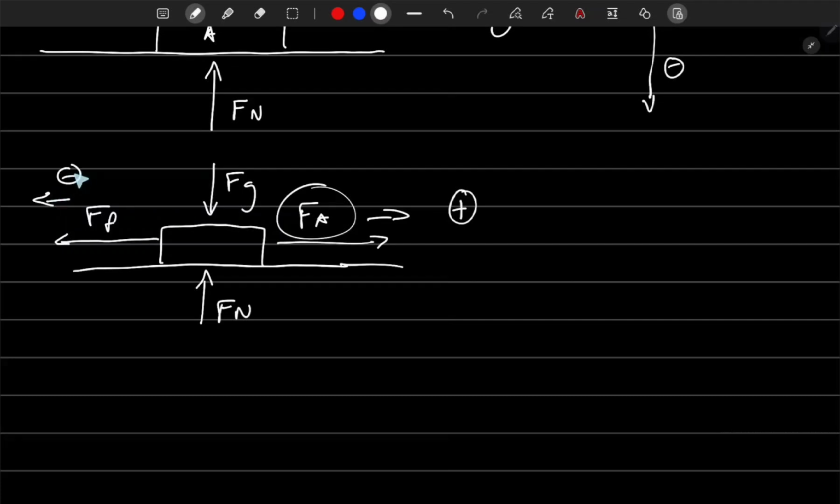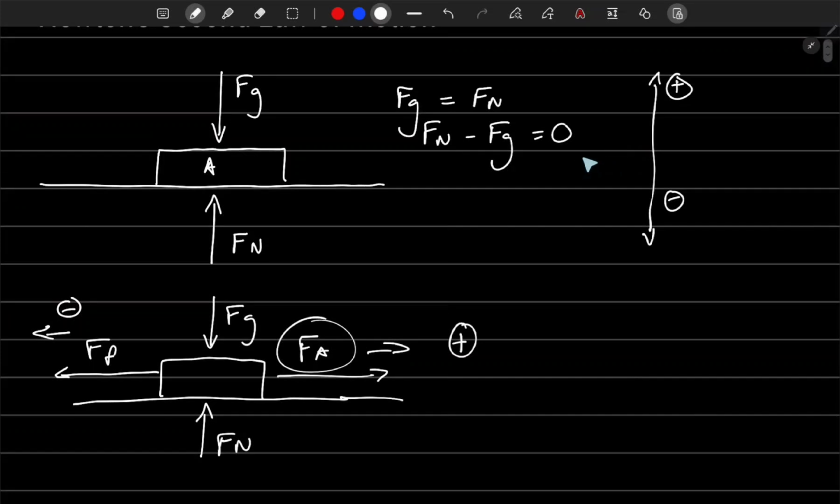If this object was moving to the left, then the left would be positive and the right would be negative. So in this diagram, we have an applied force facing towards the right and a force of friction facing towards the left.